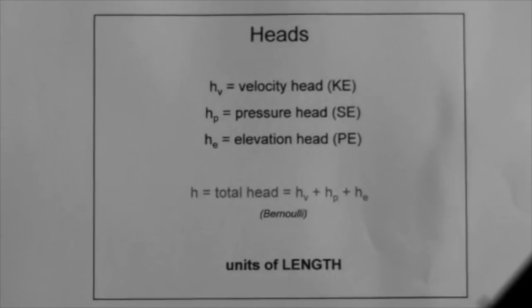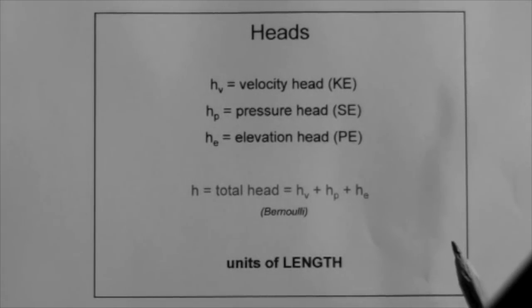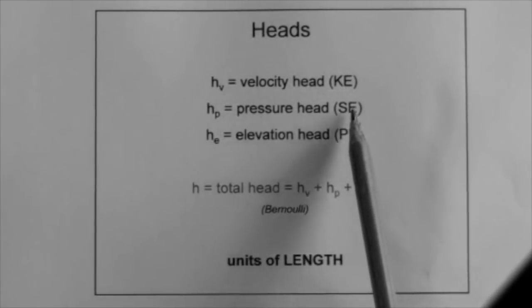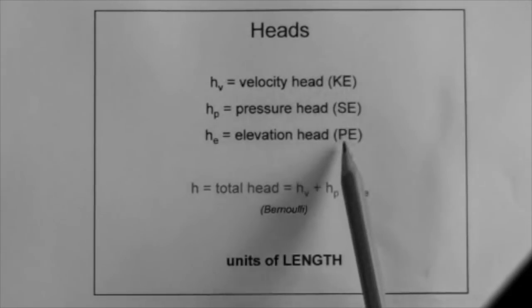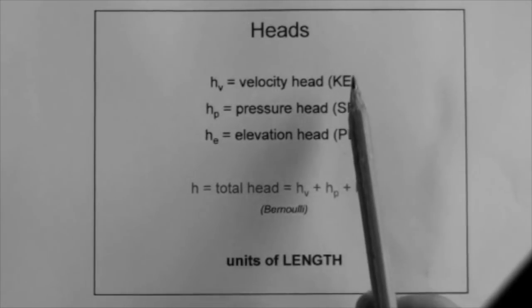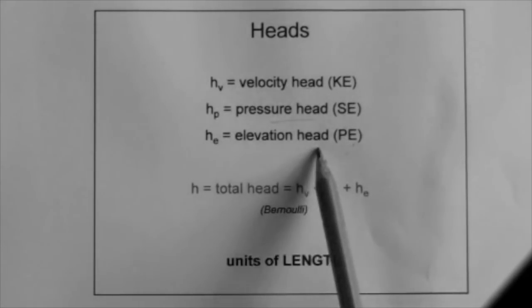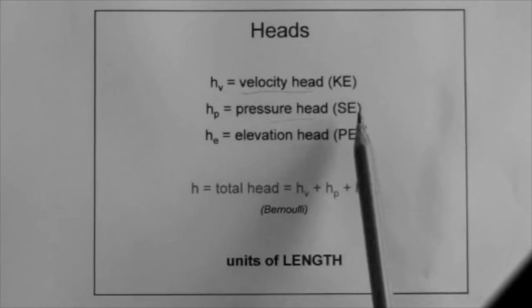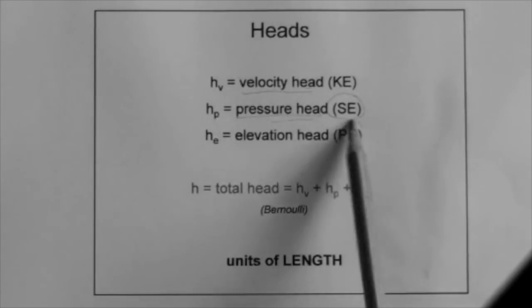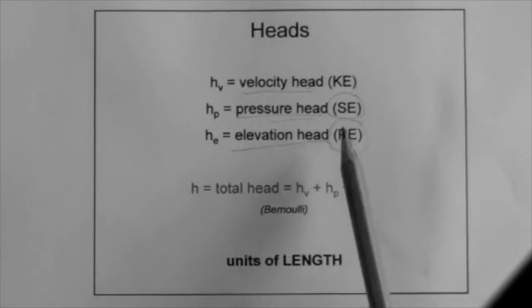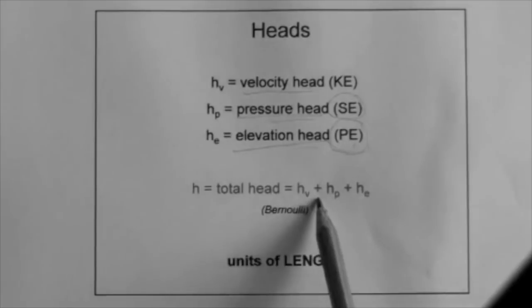The third slide, which is shown here, is basically a little bit more description of the energy. So we said there's kinetic energy, strain energy, and potential energy. We said that in the previous slide. We can actually convert those energies to independent heads: kinetic energy, velocity head; strain energy, pressure head; potential energy, elevation head. And then we can use Bernoulli's equation.